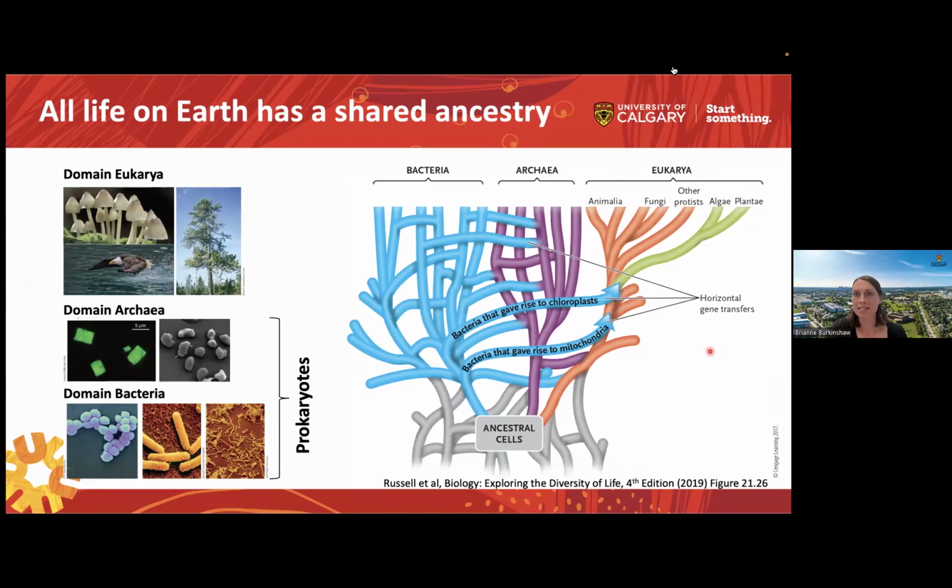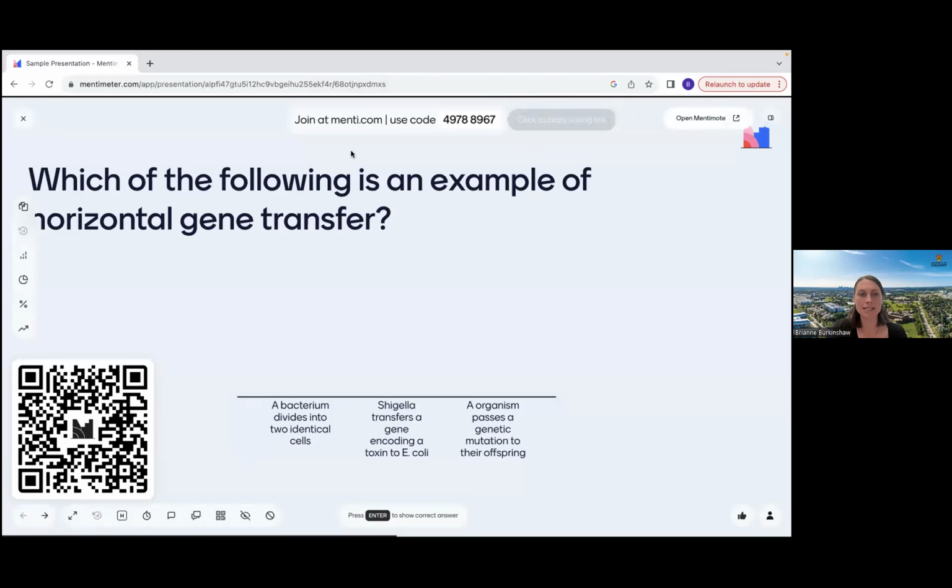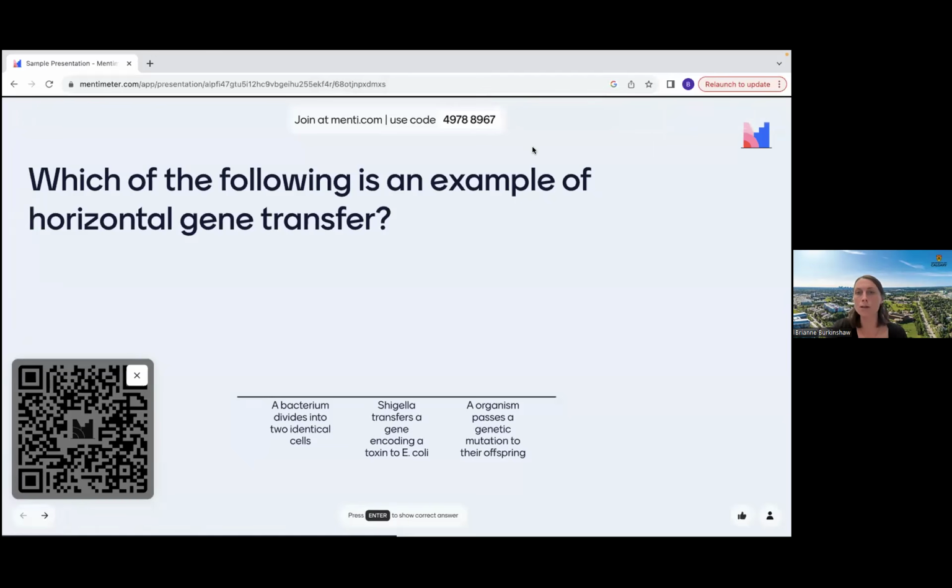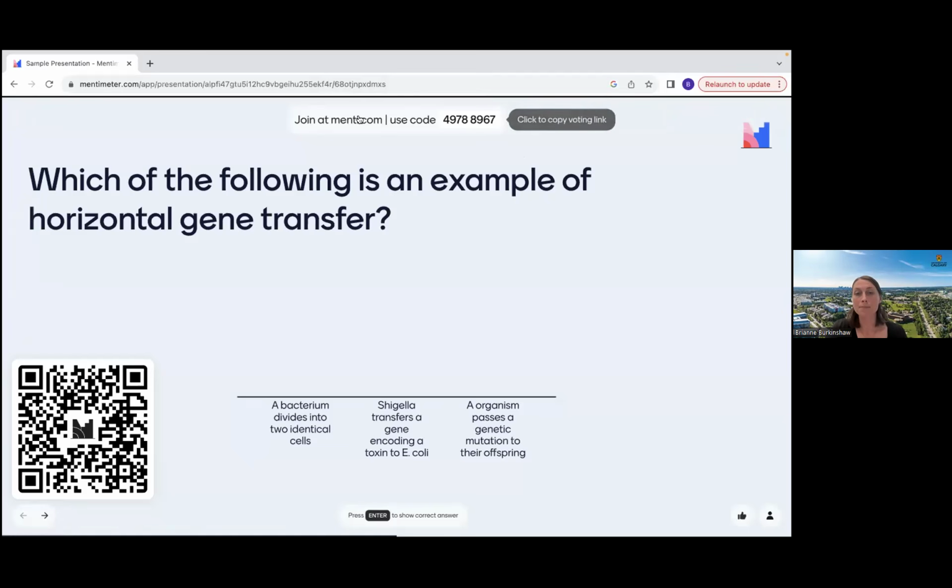So thinking about that idea, that horizontal gene transfer, I have a question here for you, a Menti question. So you can join Menti here using the QR code, or you can join at menti.com and use this code at the top. So thinking about this, I have 3 scenarios below, and what I want you to do is think about which of these scenarios would be an example of a horizontal gene transfer.